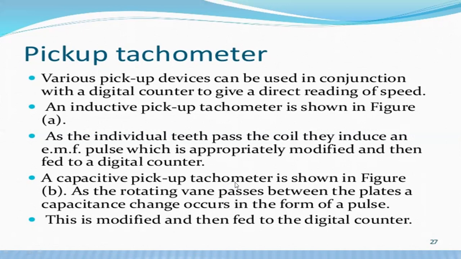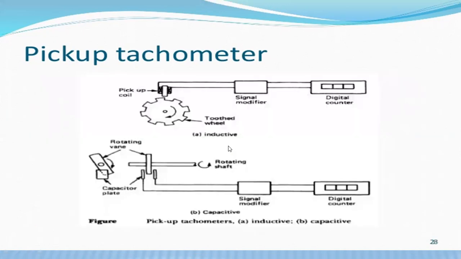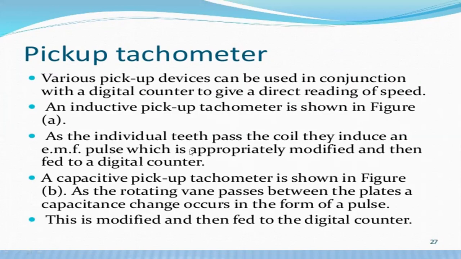So the capacitance changes between the rotating vane and the plates, in the form of the rotating shaft. That's why the EMF is generated, and it directly calculates the speed of that shaft. This is modified and then fed to the digital counter.